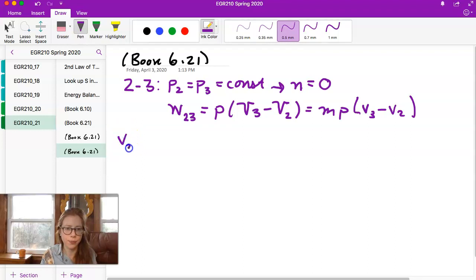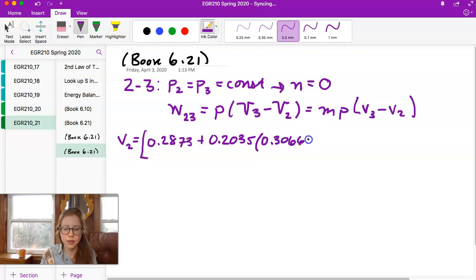So V2, we're going to look in the table at the specific volume for our lower limit, and that's going to be 0.2873 plus that ratio, which is 0.2035, times the difference for specific volume for our upper and lower limits, so 0.3066 minus 0.2873, and this is going to be in meters cubed per kilogram.